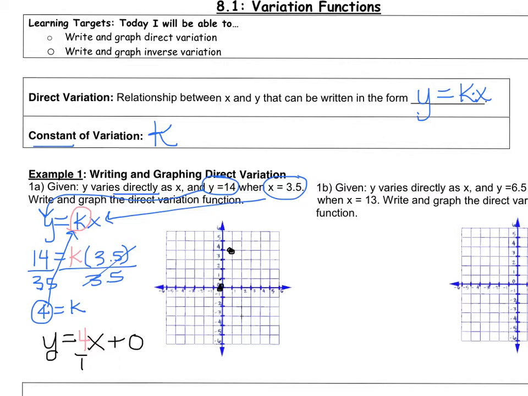Another way would be to make a table of values, x and y. My advice is to pick a few negative numbers, 0, and a few positive numbers. So if we were to plug -2 in for x real quick, we'd get -8. If we were to plug -1 in for x, we'd get -4.